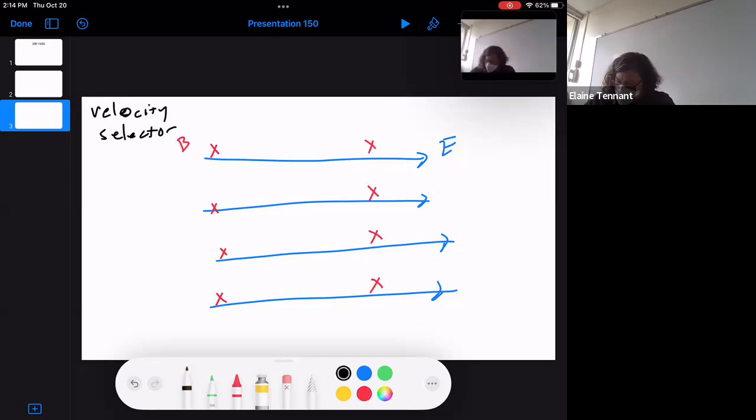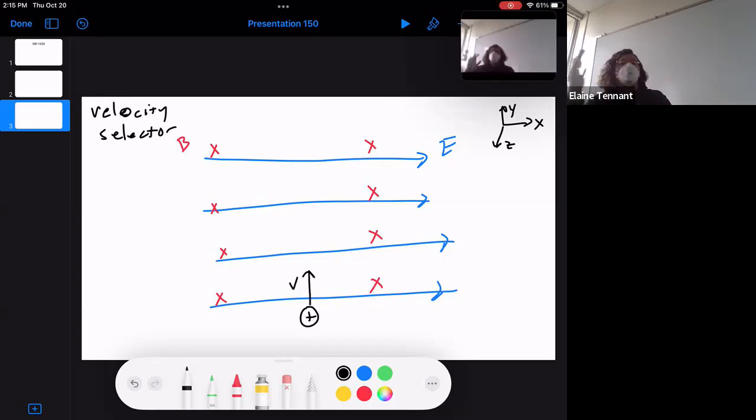And I am going to shoot positively charged particles in the +y direction. There's X, there's Y, there's Z. And I want to pick out only specific velocities. So let's go through these effects.